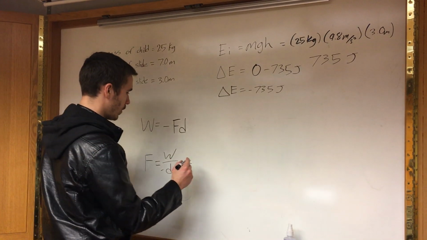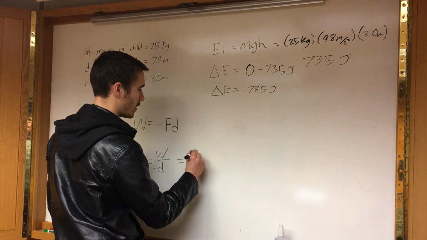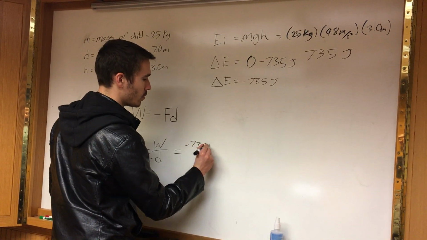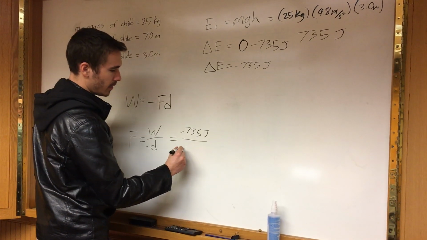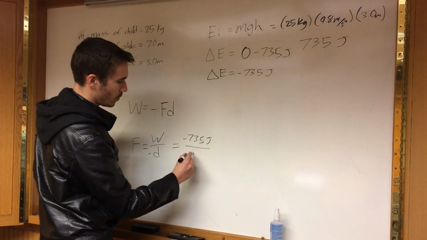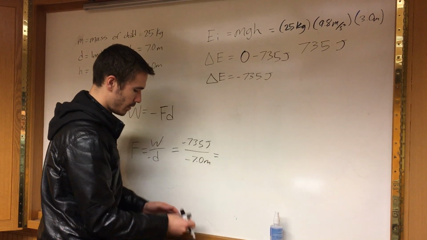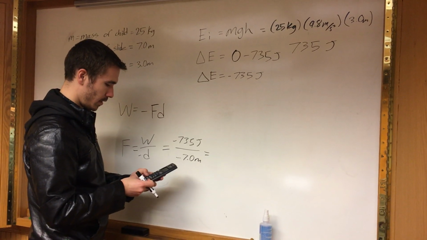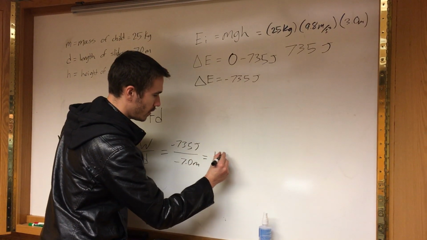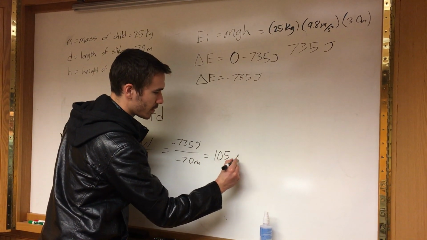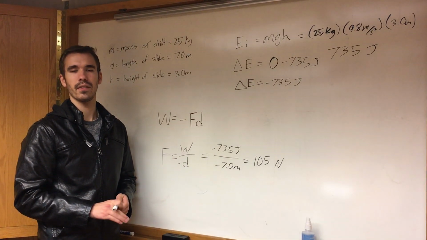So we insert the information that we have, and we get negative 735 joules. And because the net force is negative over here, our length of the slide has to be negative, so we do 7.0 meters, which would give us a value of 105 newtons. And that's the answer to question 33 in chapter 10 of our physics textbook.